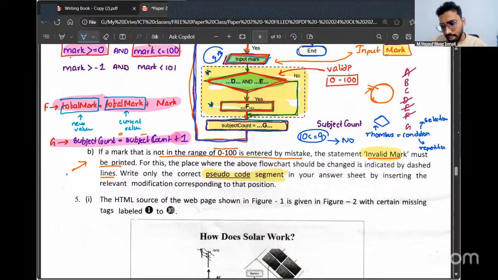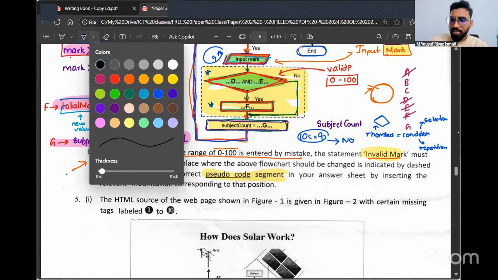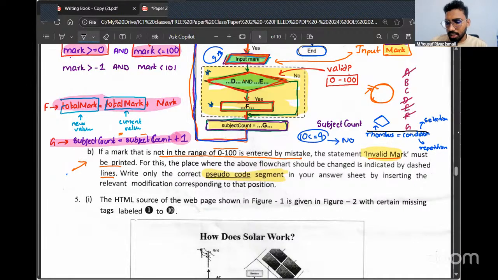There also we have conditions to be checked. I taught you how you can find if a rhombus is representing a selection or repetition. So based on that, tell me, is this rhombus representing a selection structure or repetition structure?